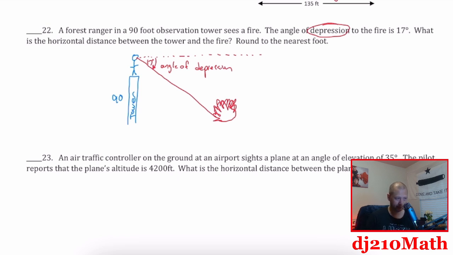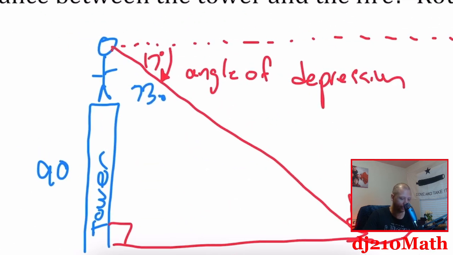What is the horizontal distance between the tower and the fire? So we're looking for this. This is a right angle. Here you have to understand that if the angle of depression is 17 degrees, that's going to make this angle 90 minus 17, so 73, because together this angle has to be 90.